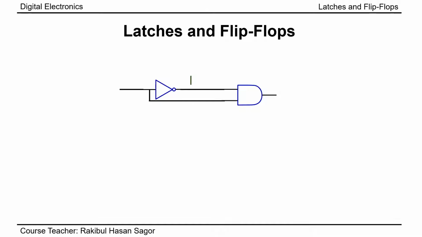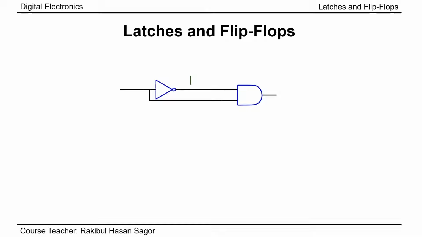In principle, if the input is 1 here, that will give me 0 here and 1 here, and the output will be 0. And if I give 0 here, that will give us 1 here and 0 here, and the output will be 0. This is the case we see, but it's not always like that.